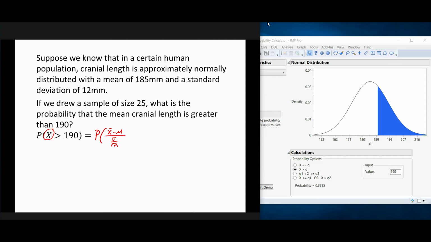So that is greater than 190 minus the mean, which is 185. And now I'm going to divide that by 12 over the square root of 25. So that gives me the probability that the standard normal is greater than 5 over 12 times 12 divided by root 25.